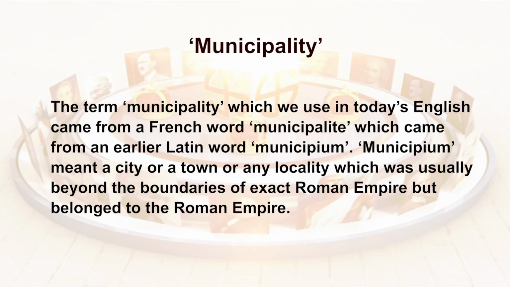The municipium meant a city or a town or any locality which is usually beyond the boundaries of exact Roman Empire, but belonged to the Roman Empire in that sense, and the citizens of those urban areas, cities or towns or any free areas, had a twin privilege. They enjoyed the rights of a Roman citizen, but at the same time they were governed by their own laws.